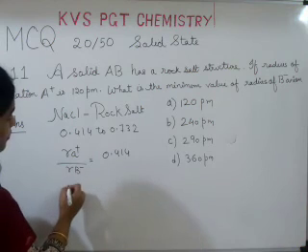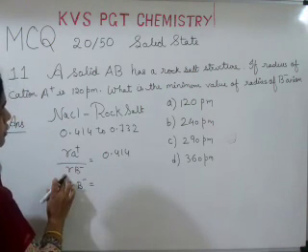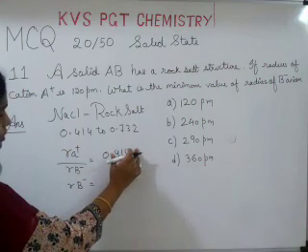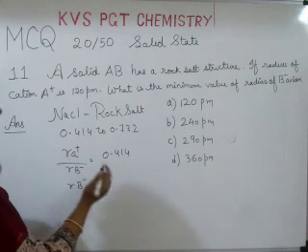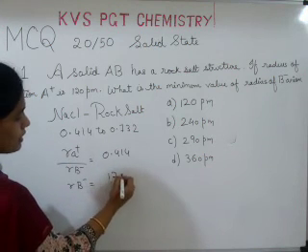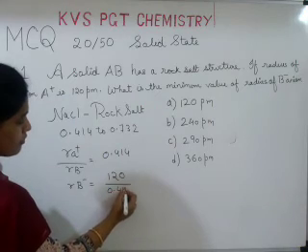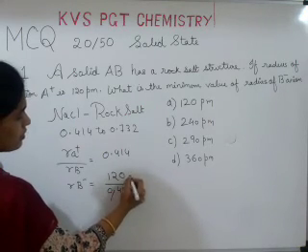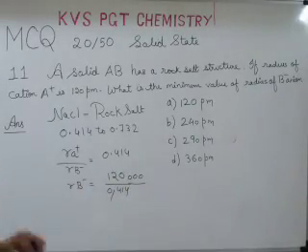Now solve it for the radius of anion: take it to the right hand side and substitute the value of radius of cation, it is given 120 picometer, right? And you divide it by 0.414. Now set up the decimal points. Okay.